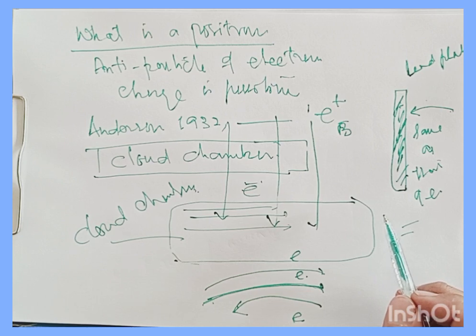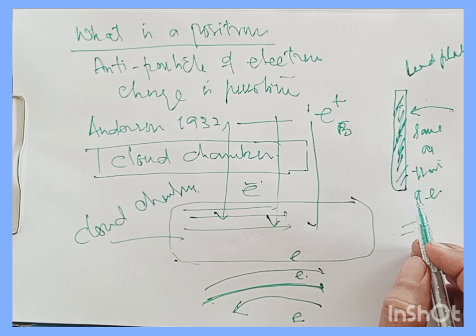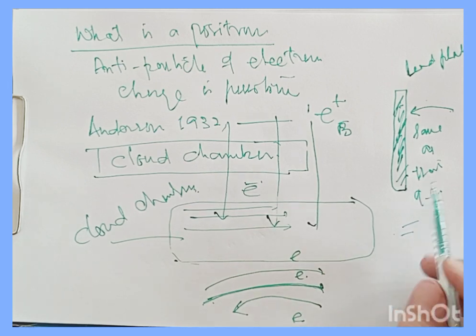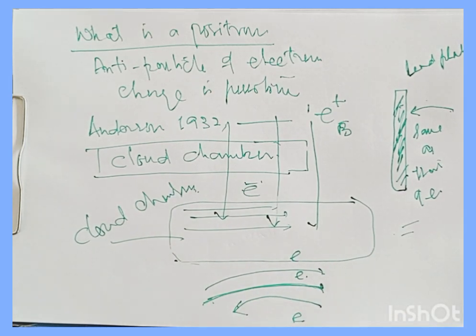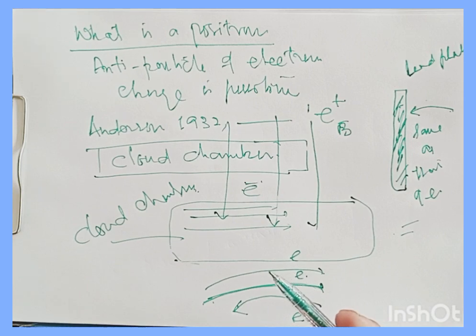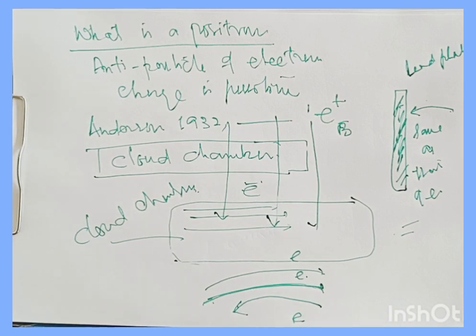This positively charged particle therefore has the same mass and same charge magnitude as an electron, and is called a positron. The nature of charge is the same, but the direction is opposite: electron has a negative charge, and positron has a positive charge.